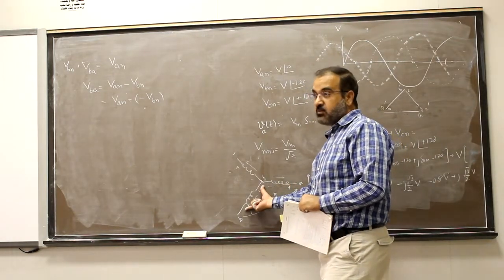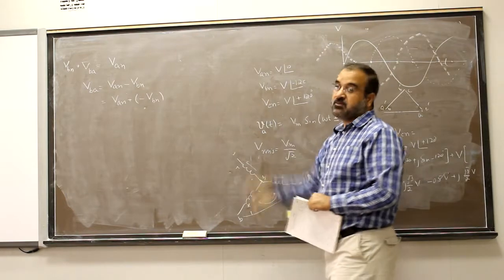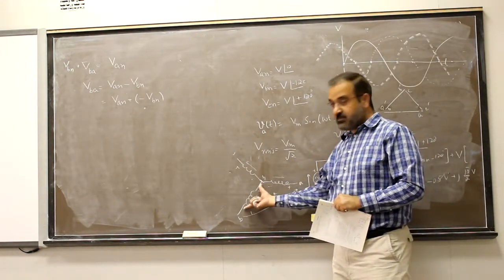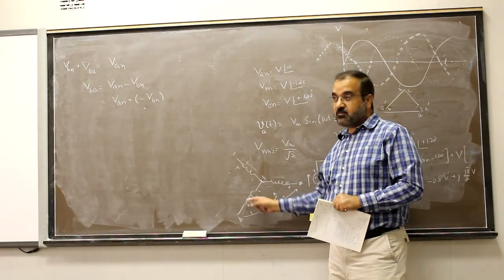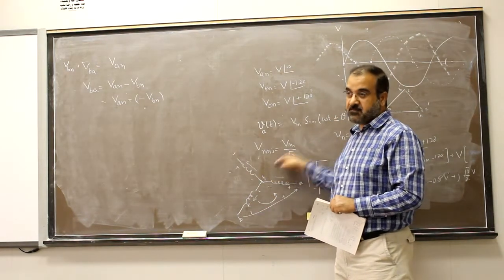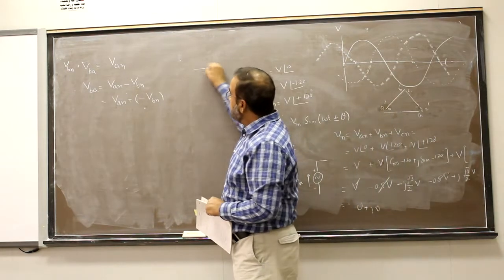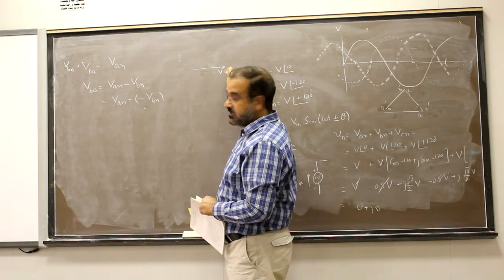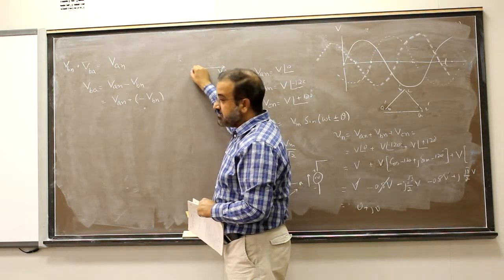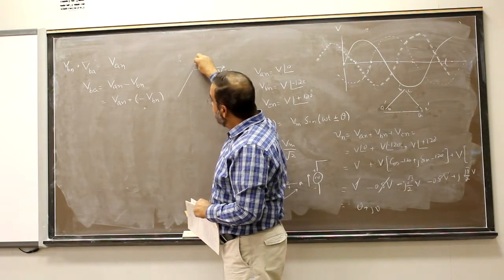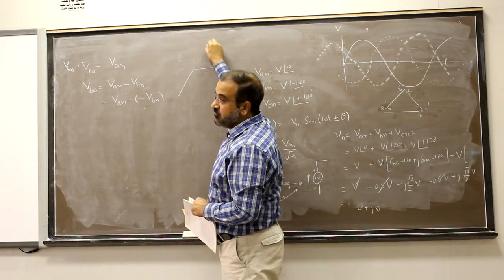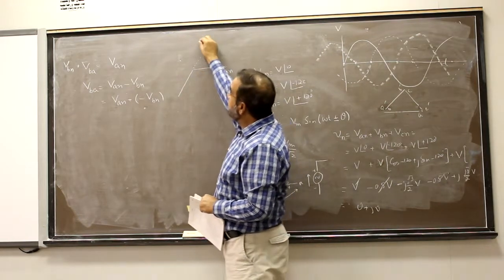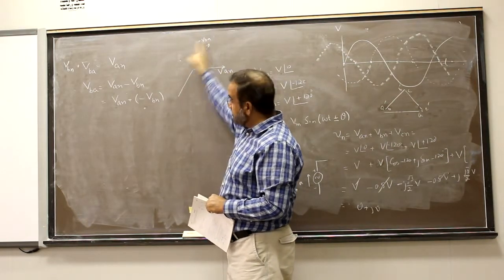B and N is this one. So where will minus VBN be? In the opposite side, because this is plus VB. Minus VB will be in the opposite direction. So if this is VAN, VBN is here, but minus VBN will go in the opposite direction. Now what I will do, I will add this vector with this vector like this.